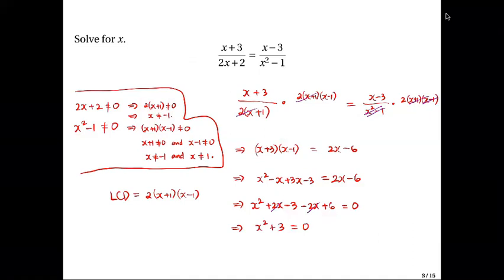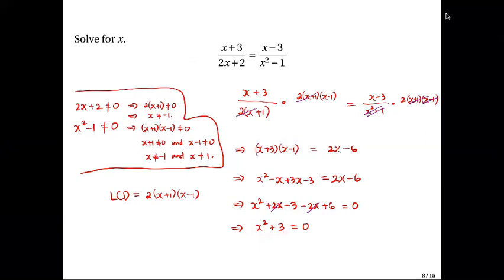Okay? And of course, if you have some number, if you square it, it becomes greater than or equal to 0. So this means that this guy here has no solution.